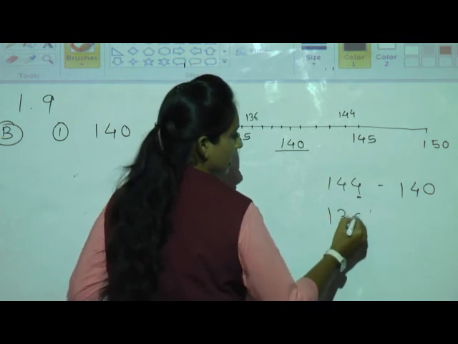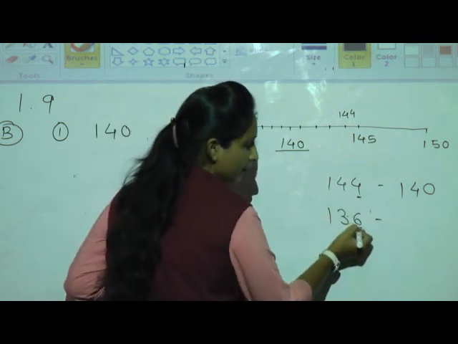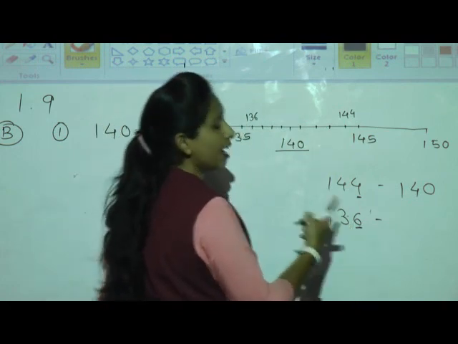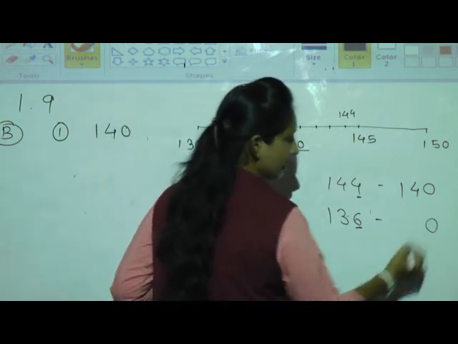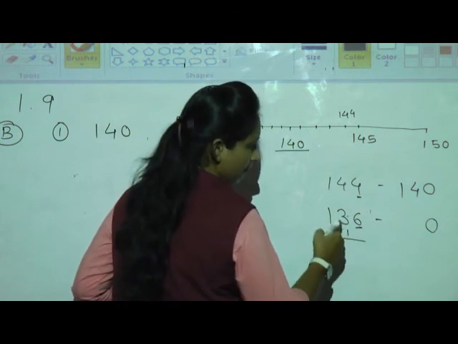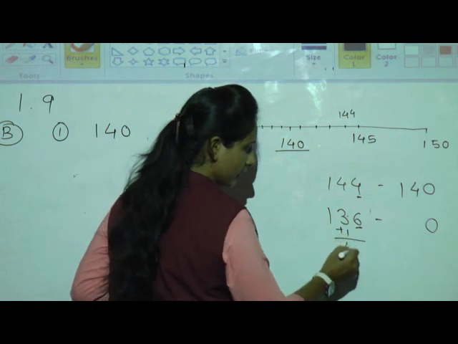How? For example, 136 I have taken. And we have to underline the 1's place. 1's place, what is there? 6. If it is 5 or more, what we have to do? Place the 0 at 1's place and add 1 to the 10's place. If I add 1 at 10's place, 3 plus 1 is 4.